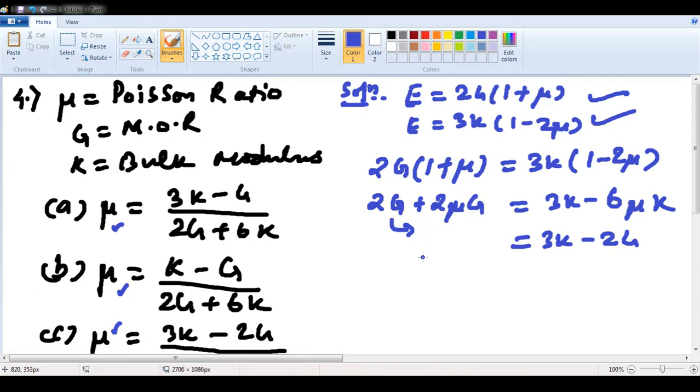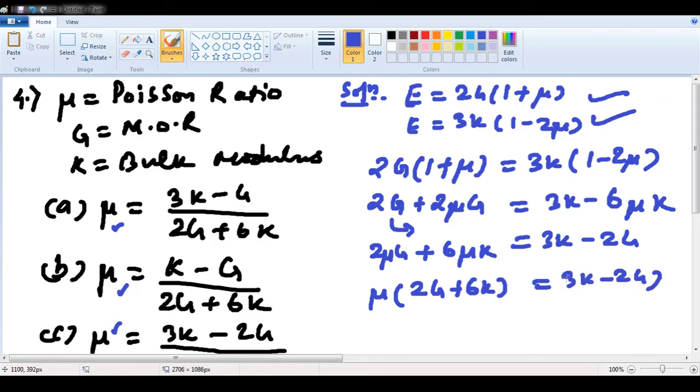So it will be 2 mu G plus 6 mu K. So from here if I take mu common, this will be 2G plus 6K is equal to 3K minus 2G. So therefore mu is equal to 3K minus 2G divided by 2G plus 6K.